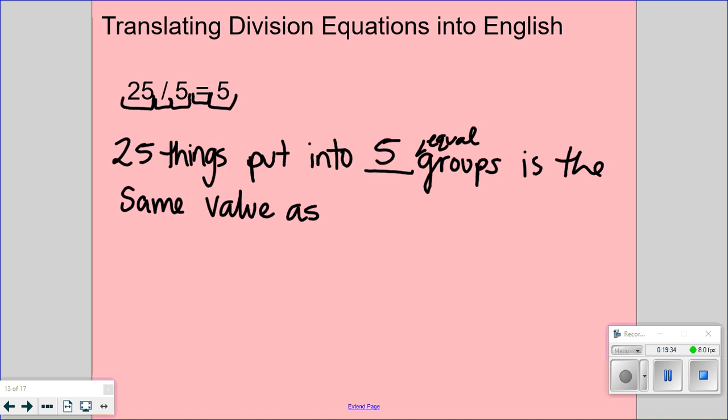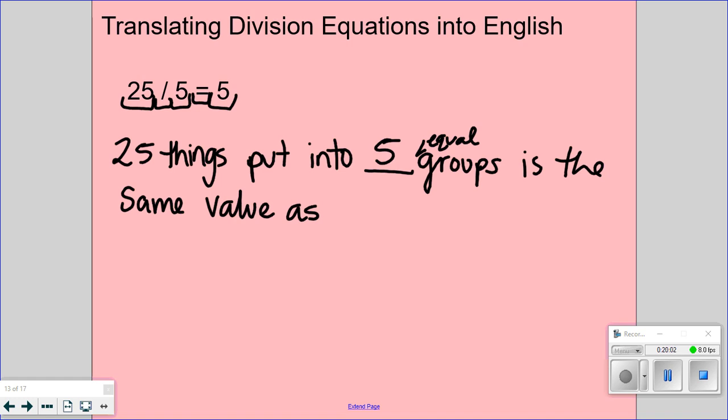Not going to be groups. Each group has 5 groups? Nope. Each group has 5. Things. It would make more sense if we had things. So if it was socks, 25 socks put into 5 groups is the same value as each group having 5 socks.